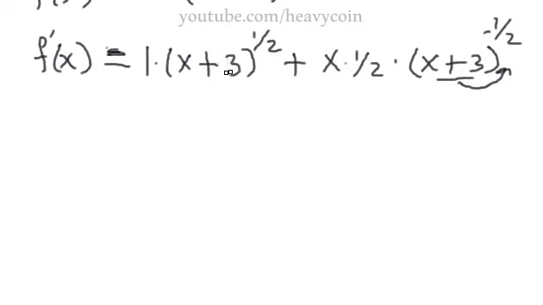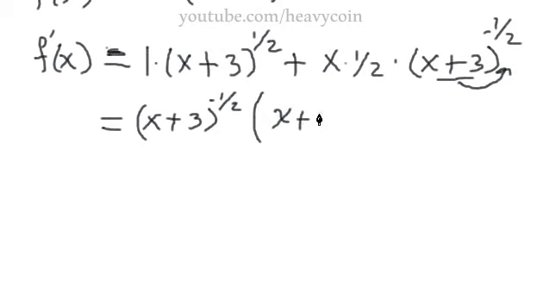I'm going to factor. We have an x plus 3 here, raised to the negative half, and an x plus 3 raised to the 1 power. You always pull out the one that has the smallest exponent. So we factor out x plus 3 to the negative half, and we end up with x plus 3 here.